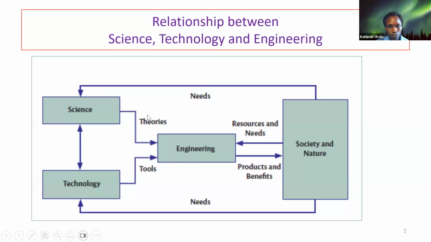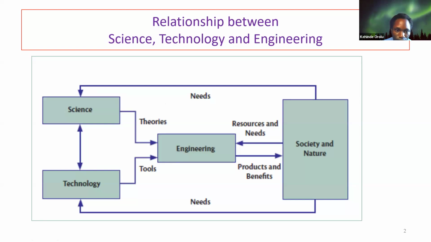So let's now look into the world of technology because it is very critical in this discourse about engineering in society. As you can see, the engineer cannot do much in society without the support of science and technology.